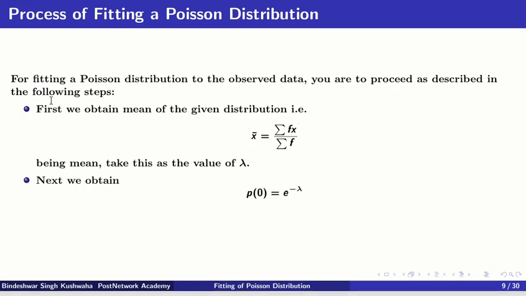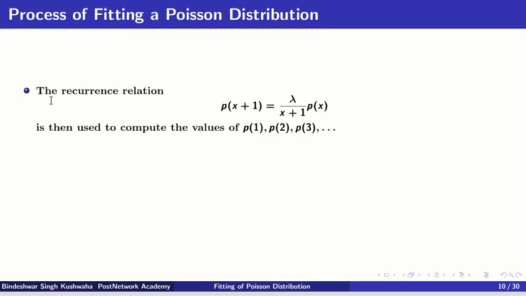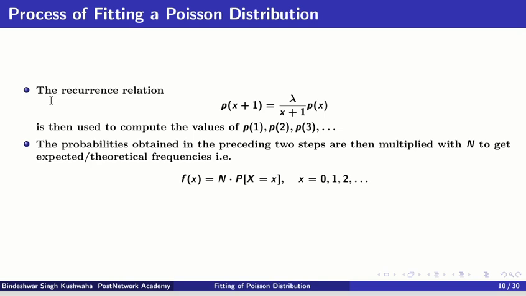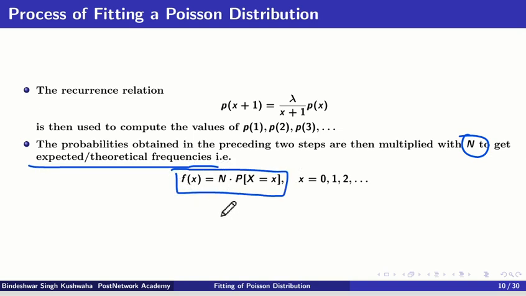Thereafter we will find P0, and then P1, P2, P3, using the recurrence relation lambda upon x plus 1 into P(x). Thereafter the probabilities obtained in the preceding steps are multiplied with N to get the expected or theoretical frequencies. This way we calculate f(x) equal to N into probability of x, where x may be 0, 1, 2 or 3.